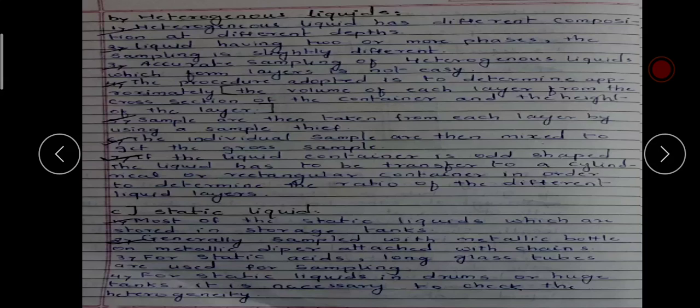The procedure adopted is to determine approximately the volume of each layer from the cross section of the container and the height of the layer. Samples are then taken from each layer by using a sample tip. The individual samples are then mixed to get the gross sample.